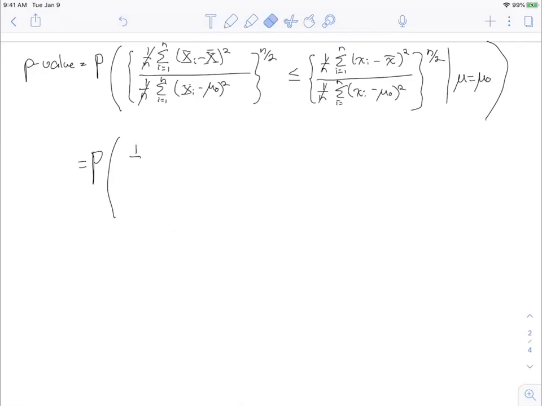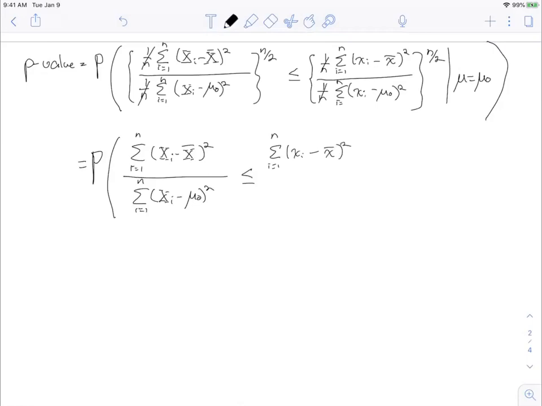So what I'll then have is the sum i equals 1 to n, xi minus x bar squared, over the sum i equals 1 to n, xi minus mu 0 squared, is less than or equal to that same expression with lowercase xi minus lowercase x bar and lowercase xi minus mu 0 squared.